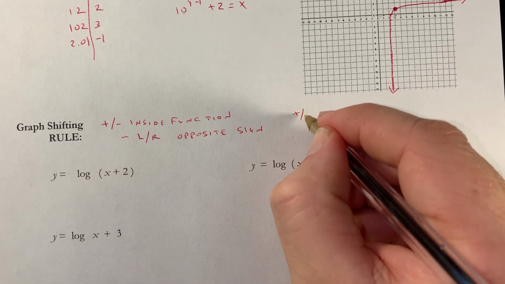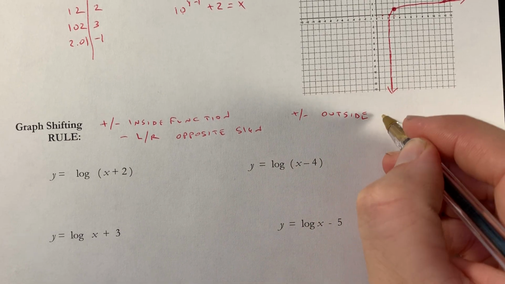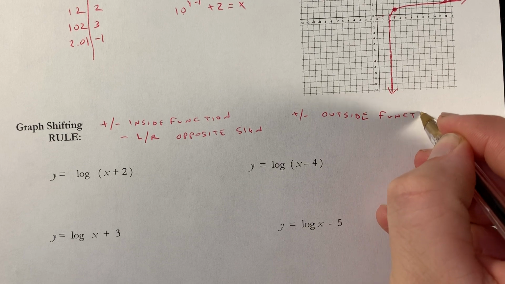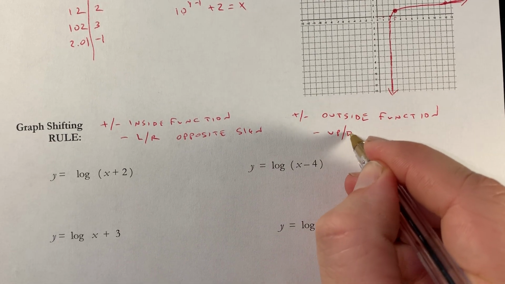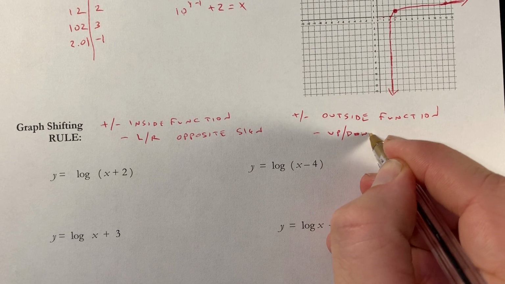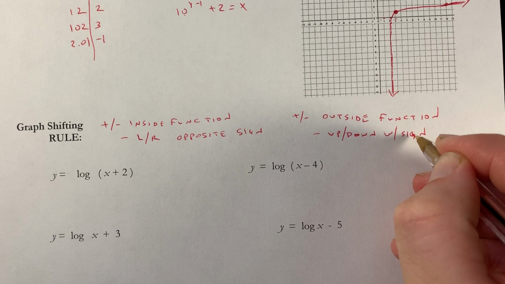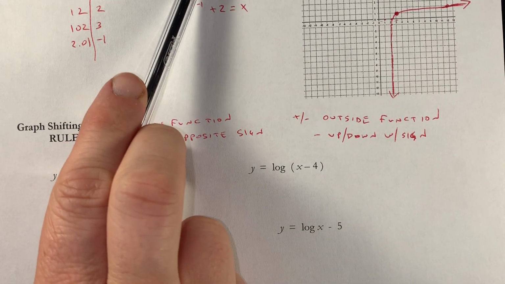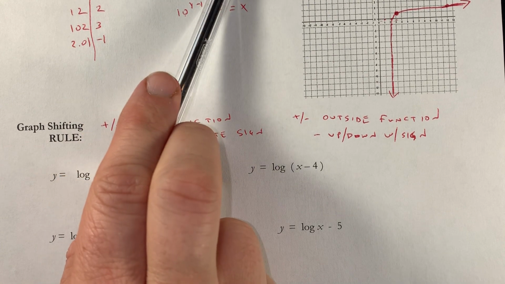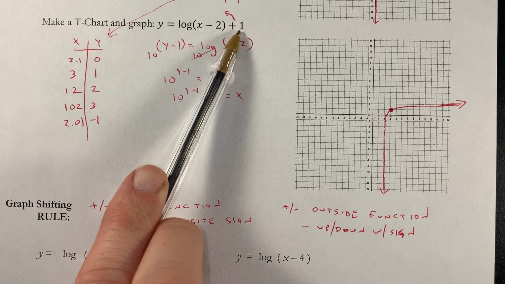If we add or subtract outside the function, we go up or down with the sign. Okay, so this minus 2 inside the function told us to go 2 to the right. This plus 1 outside told us to go up 1.